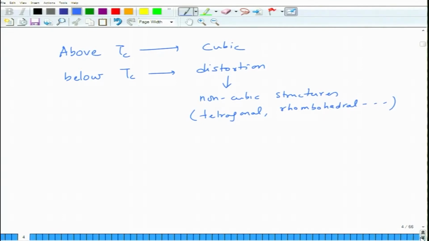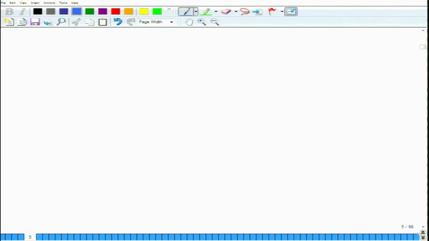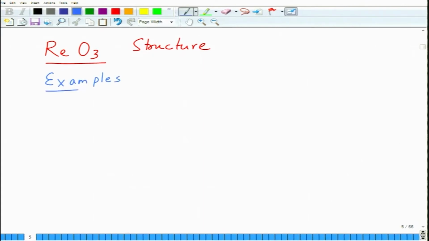So, this is the perovskite structure. Next in this series is the ReO3 structure. ReO3 is the parent compound. Other compounds which follow this structure, for example oxides such as WO3 and MoO3, tend to follow this.